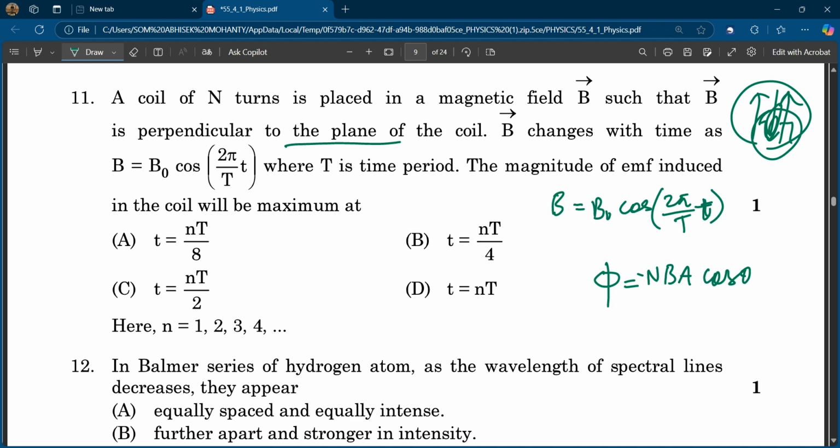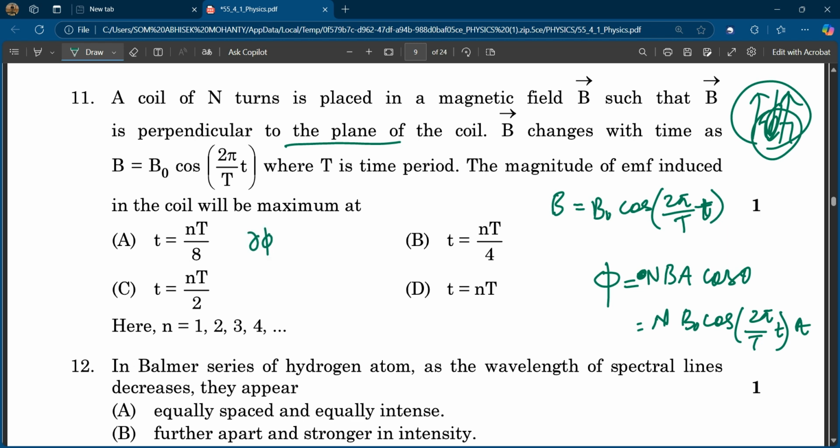So theta is 0, and cos 0 is 1. Flux is NBA, where B is B naught cos 2 pi by T into t. Area is not given, so suppose area is A.